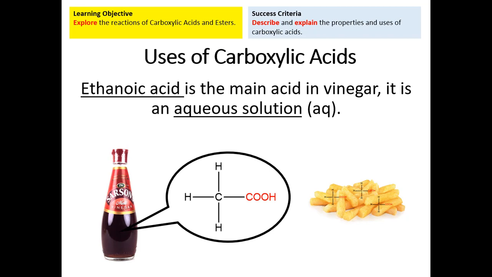Ethanoic acid tells us its structure because we know anoic acid means it's got the COOH. We know the eth bit means it's got 2 carbon atoms. Lots of things in science have other names, just general names. So acetic acid is the general name for it. Ethanoic acid, its proper name, helps us to know its structure.